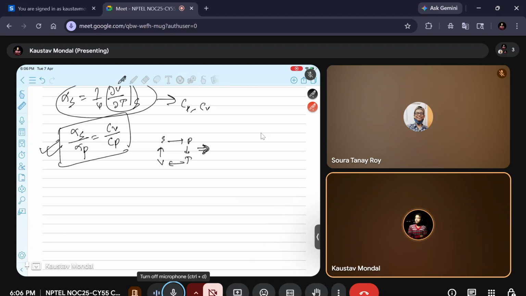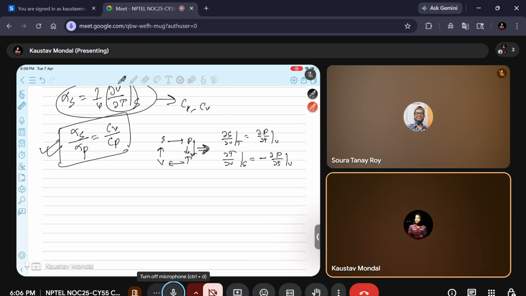So the relations are like this: del S del V at constant T will be del P del T at constant V; del T del V at constant S will be minus del P del S at constant V, with a minus sign when you are moving from here to here.